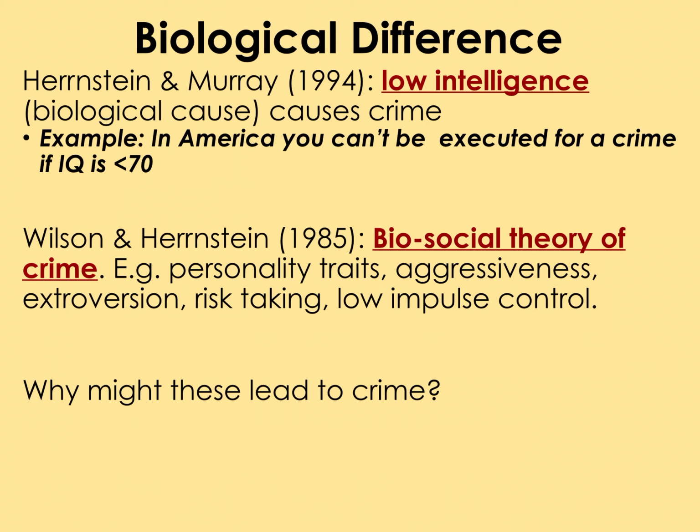And that clearly seems to suggest at a policy level, they've recognised that certain people will not be able to make a rational choice to offend or not because they won't have the mental capability to do so. So yeah, one of the biological causes of crime is low intelligence, according to right realists.